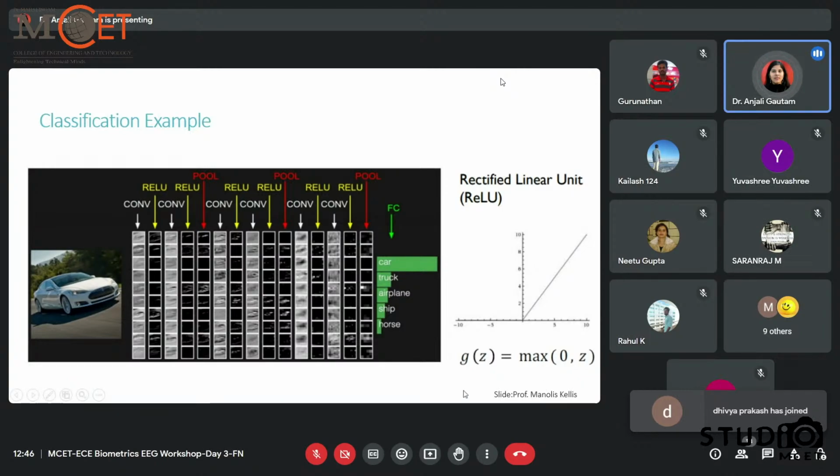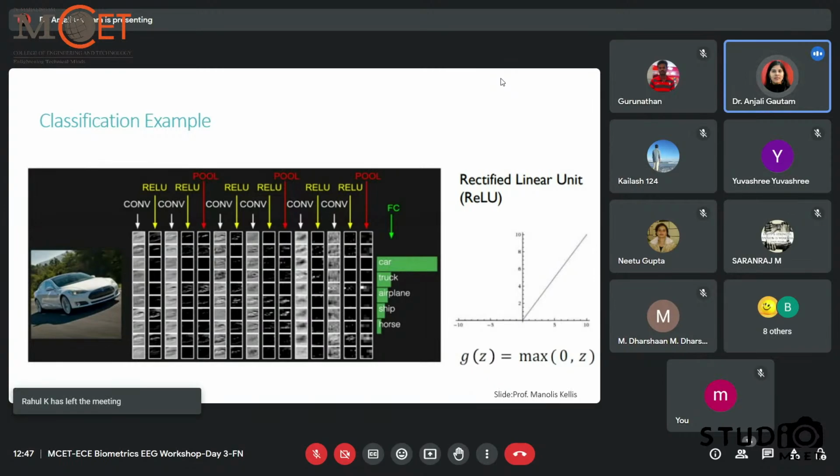It may be possible that all the information present in that convolution layer is not required. So how to remove that information? The rectifier linear unit is used to remove extra information which is not required. That is why you can see in column 2 very little information is there.